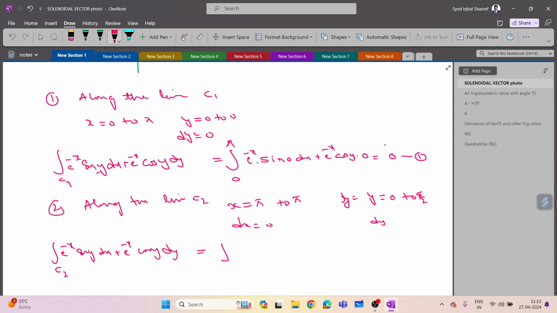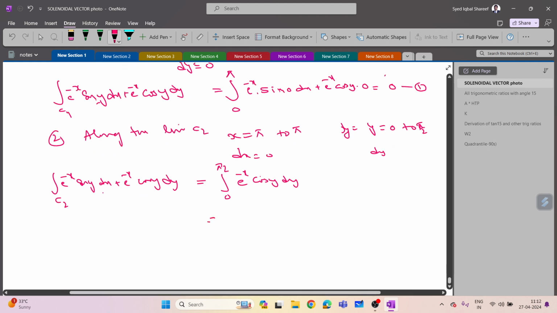So C2 is y is 0 to pi by 2, and dx is 0 means this complete part is 0. So it is e to the power of minus x cos y dy.